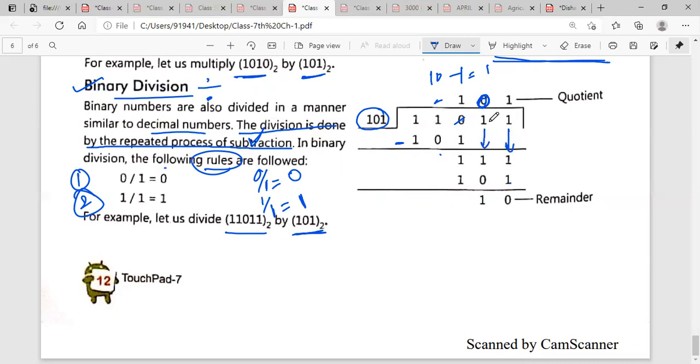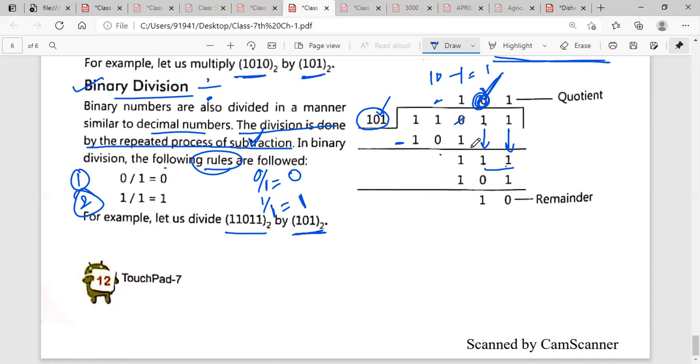Okay, if we take 1 digit, then there is no problem. If we are taking 2 digits, then we have to write 0 here. Okay, we are not dividing this number by 0. Keep in mind this step. Okay, don't make a mistake here. If we take 2 digits here for division, then we will write 0 here.